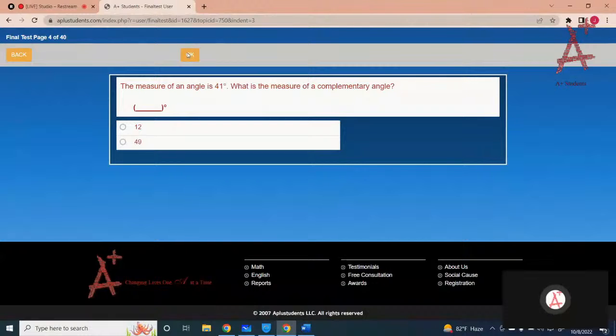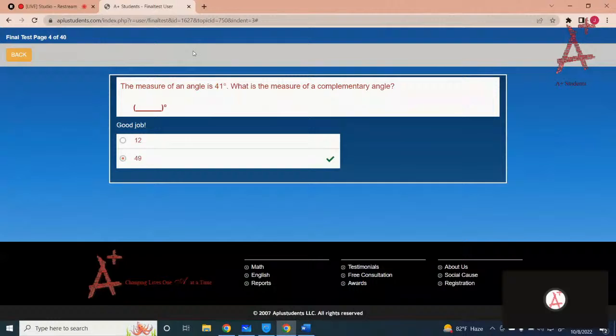So you have to subtract 41 from 90 degrees. Got it? So 90 minus 41 is 49 degrees. 49. Got it? So select the correct option and click on the OK button.